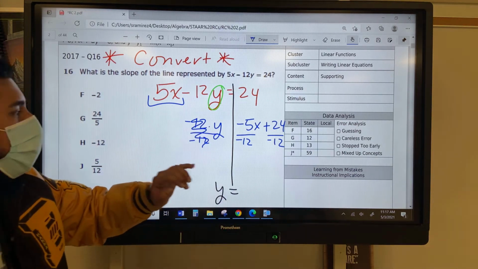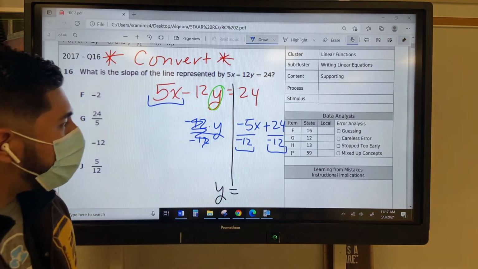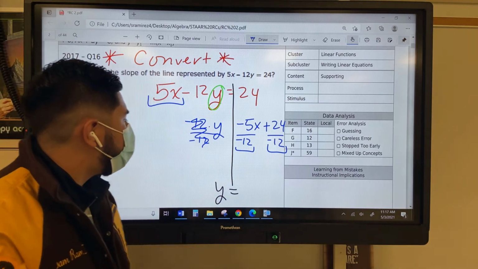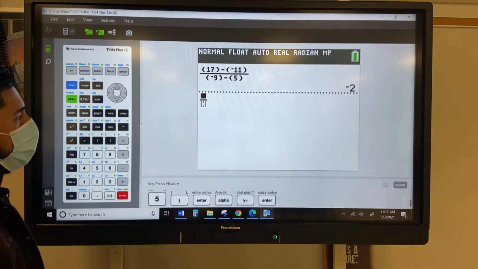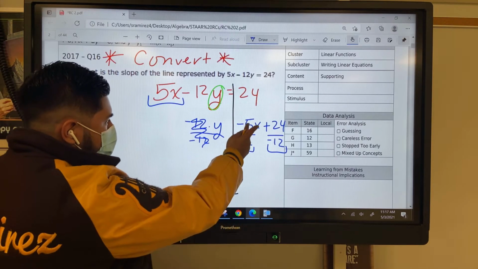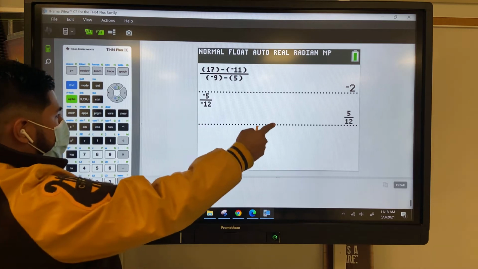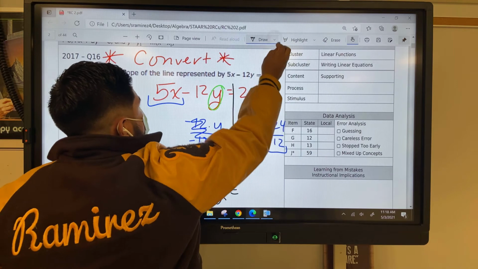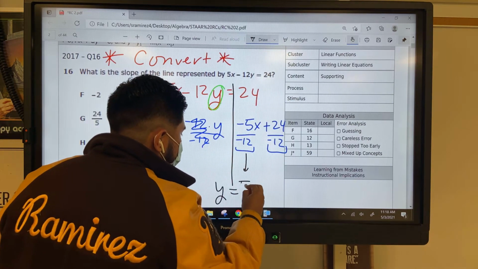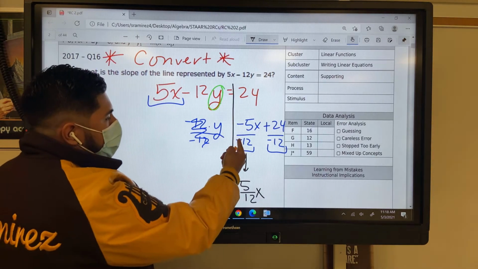Now you're going to see what the answer is. Reduce. What do you mean you have to reduce? Check it out. Calculator. Alpha, y equals, enter. What am I going to put in here? The fraction negative 5 over negative 12. Enter. That's what I want: positive 5 over 12. Double negative turns positive.